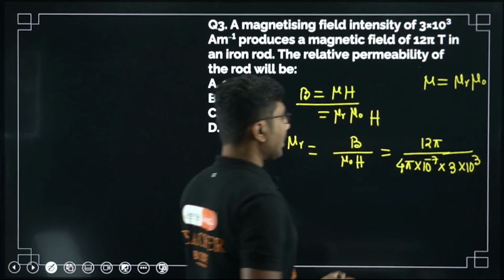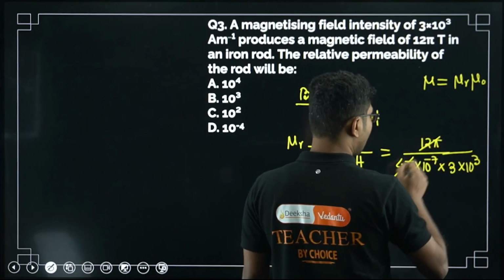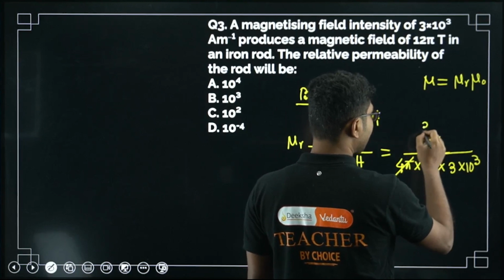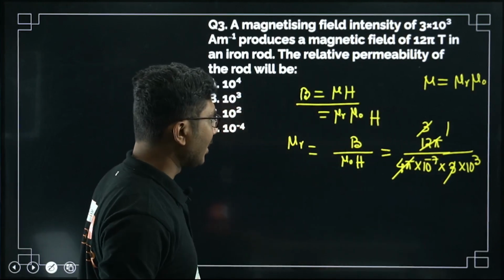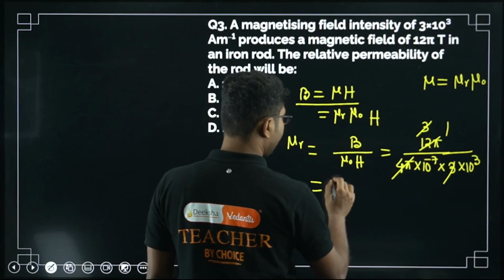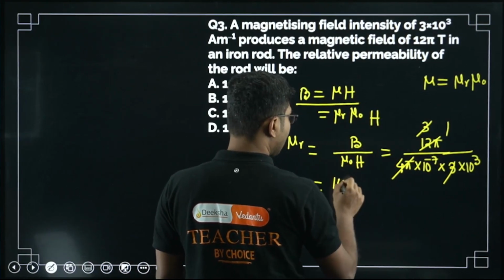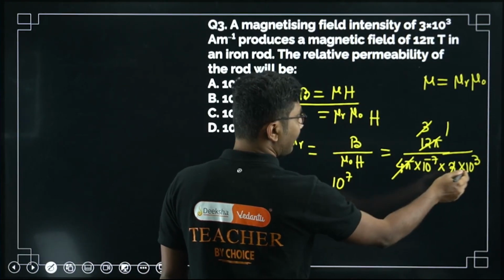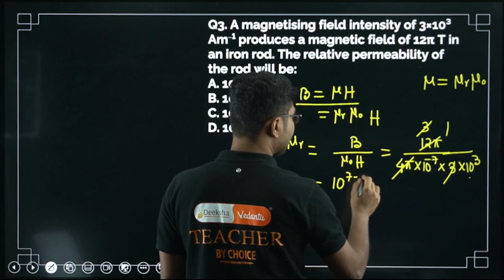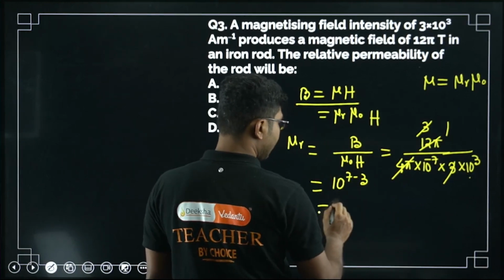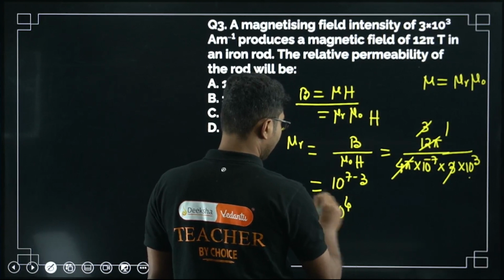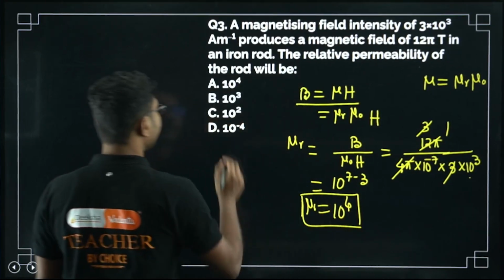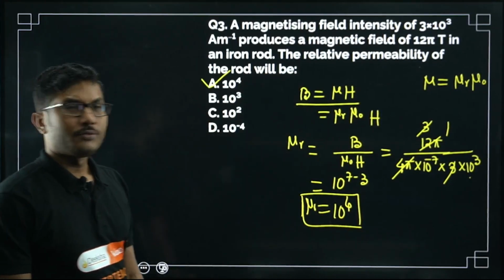Now we have to cancel them. Pi cancels, 3 4s are 12, 3 1s are 3. So 10 to the power minus 7 goes up and becomes plus 7, and plus 3 goes up and becomes minus 3. So you get 10 to the power of 4. So mu r is 10 to the power of 4. So relative permeability is 10 to the power of 4.